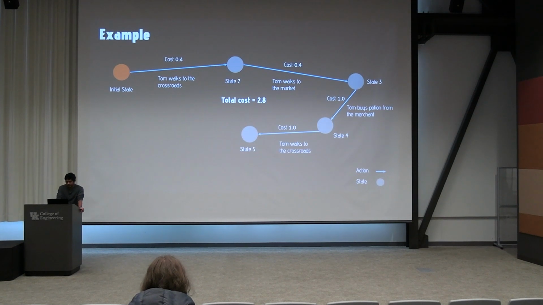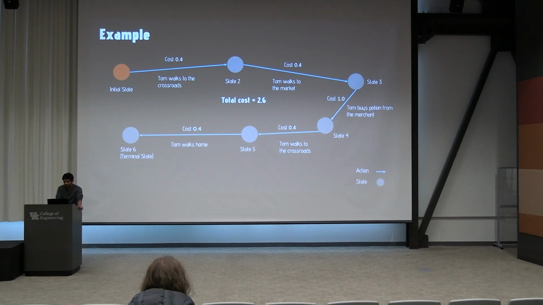The next action is Tom walks back to the crossroads, and the total cost is now 2.8 because Tom buys a potion from the merchant is not causally necessary for Tom walking back to the crossroads. Now, when we get to the final action, something interesting happens.